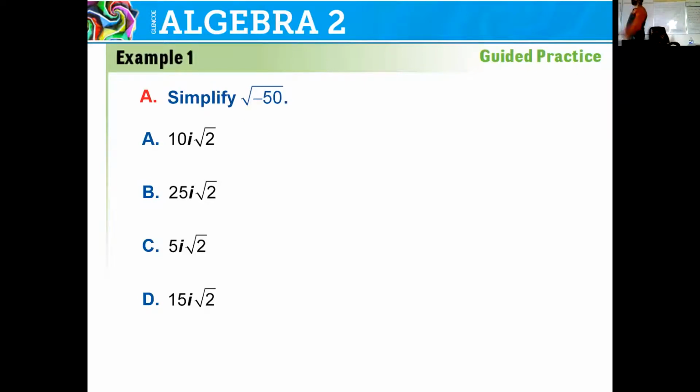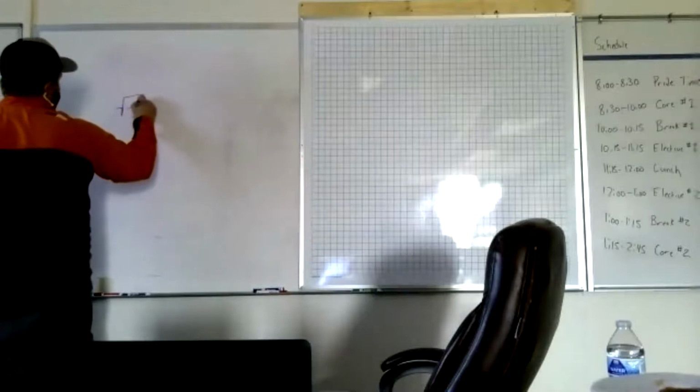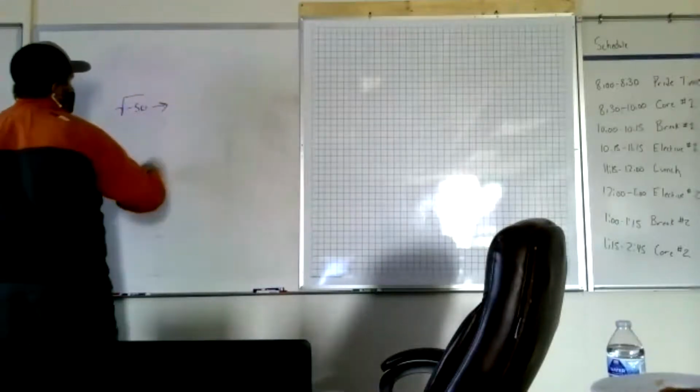Okay, so this one, simplify square root of negative 50. Thinking about it, the perfect square that multiplies into it is 25. So we break it apart into its pieces.